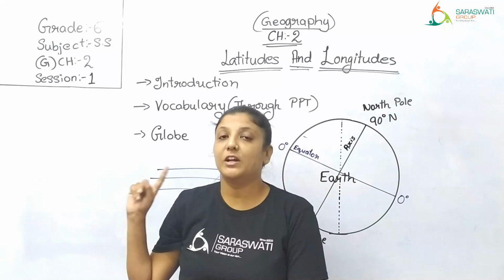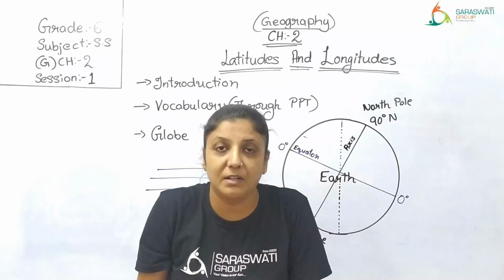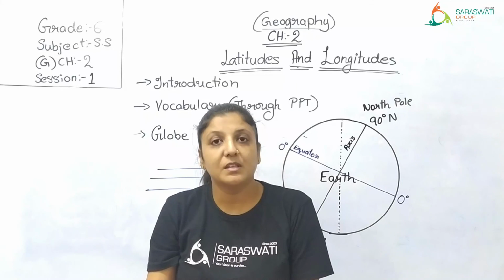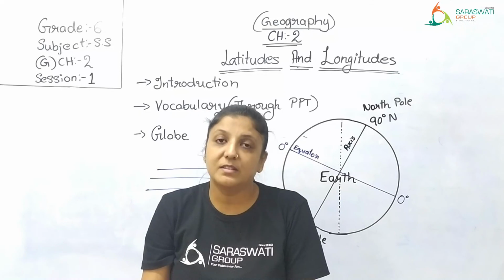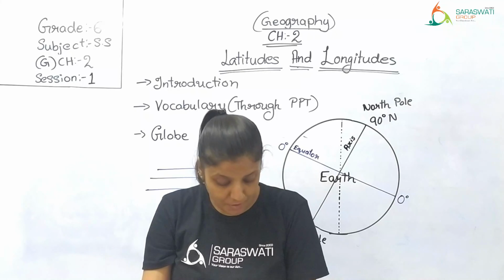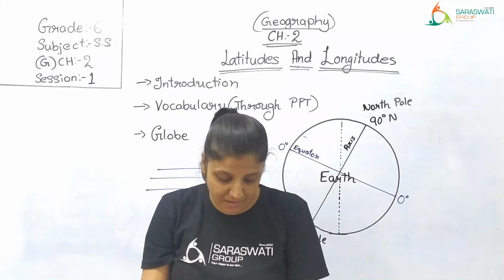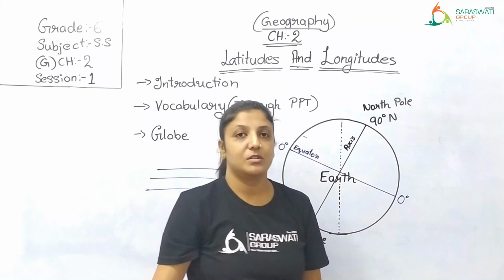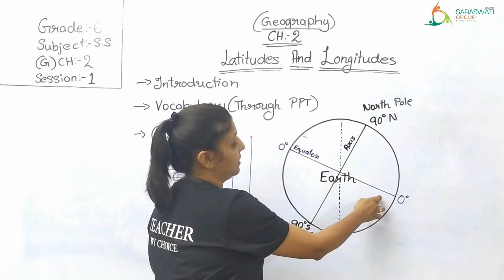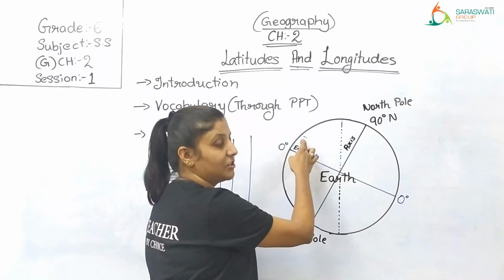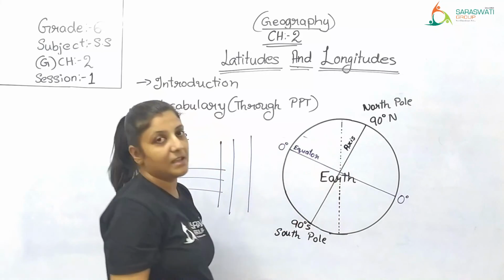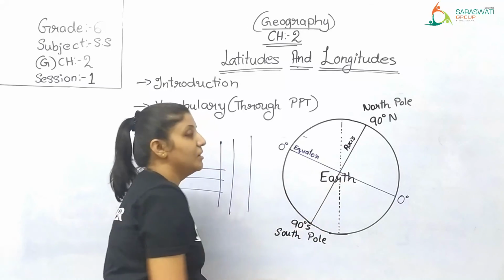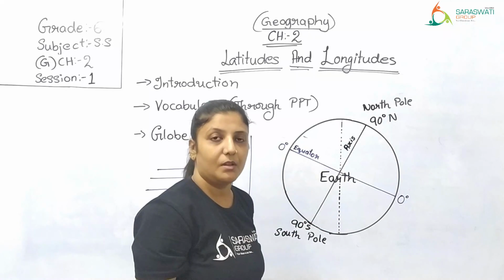Those lines which were horizontal were called parallels of latitudes, and vertical lines are called meridians of longitudes. They run in the north-south direction. These lines were running from east to west direction, and longitudes run from north to south direction.